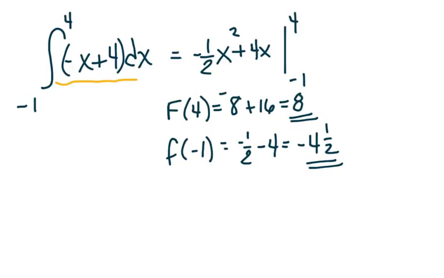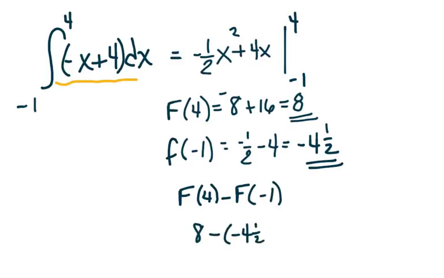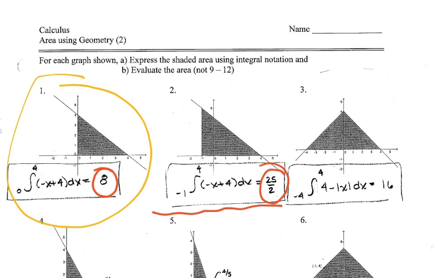Watch this. Let's watch what f of 4 minus f of negative 1 turns out to be. 8 minus negative 4 1/2, which is 8 plus 4.5, which is 12.5, or 25 halves. The same answer we just got here.